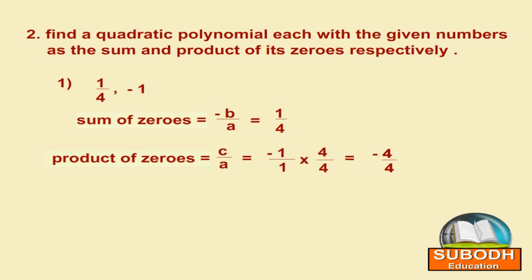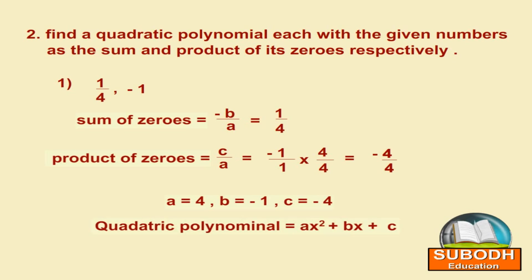In both cases, a is 4, b is minus 1, c is minus 4. Quadratic equation is equal to ax square plus bx plus c is equal to a 4x square plus b value minus 1x plus c value minus 4.